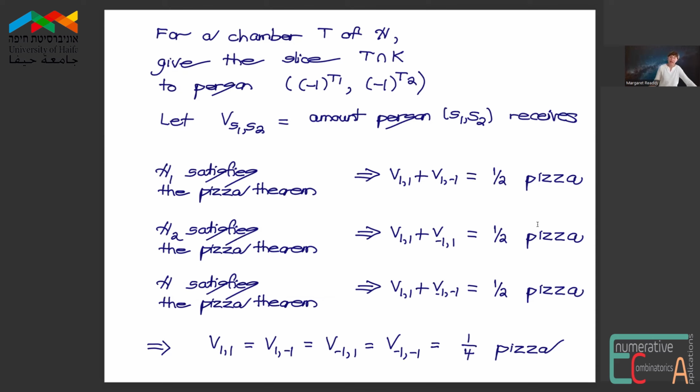Same thing with H2, you get a relation with 2 of the people, and with the arrangement H, you get a relation there. When you solve this very easy system, you find out that each person gets a quarter of the pizza. So you're sharing fairly.